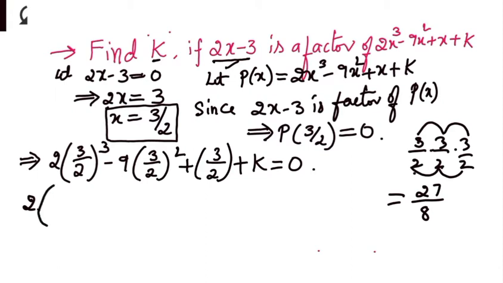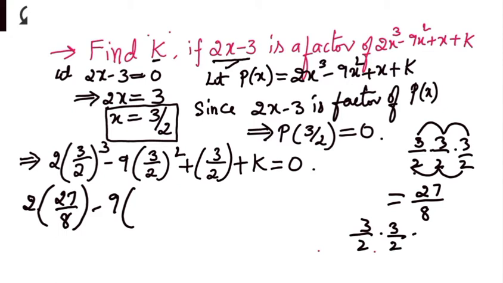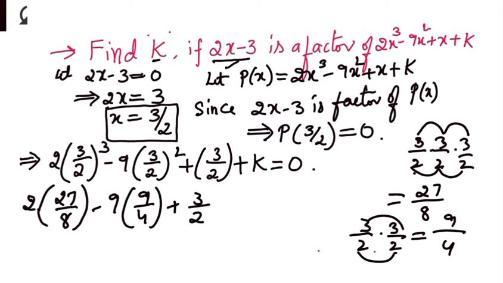So we get 27 by 8 here, minus 9 into, similarly 3 by 2 whole square, that is 3 by 2 multiplied two times, that means 3 3s are 9 by 2 2s are 4. So we get 9 by 4 here plus 3 by 2, plus k is equal to 0.